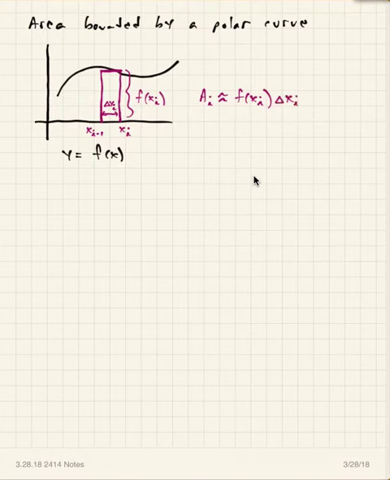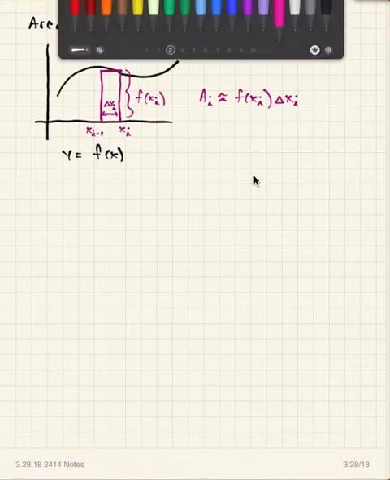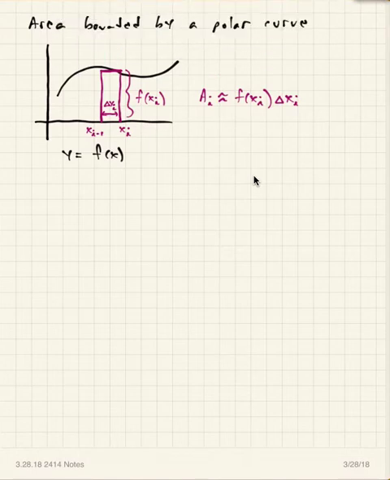You went through that process and ended up with the limit of a Riemann sum, and you could first approximate the area underneath the curve and then find the exact area by taking a limit. We do exactly the same thing in polar coordinates, but we are given a function in a different form now.